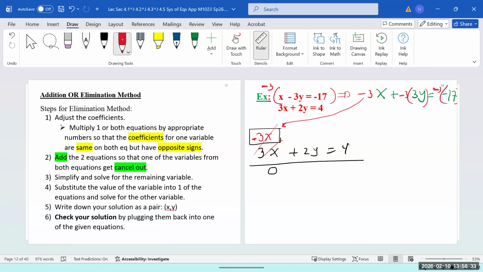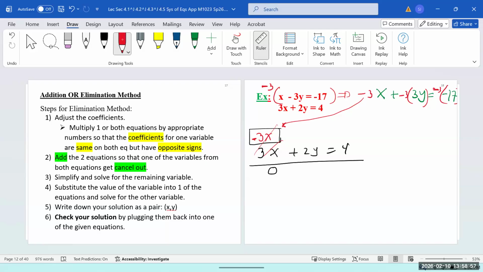What you're basically trying to do is cancel out the negative 3x and the 3x. So our goal is to cancel the x. If your goal is to cancel the y, then you have to take a different approach. But to cancel the x, you just multiply this single x by negative 3 and add it with the second equation. They cancel out, there is no more x.